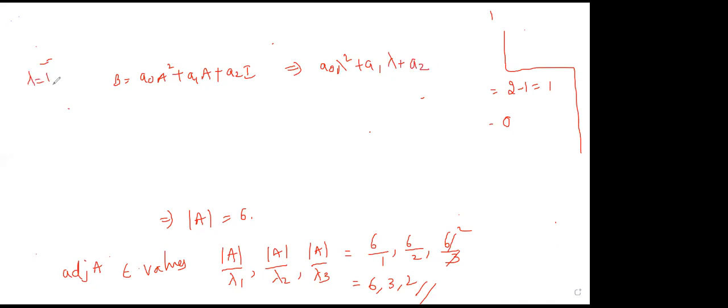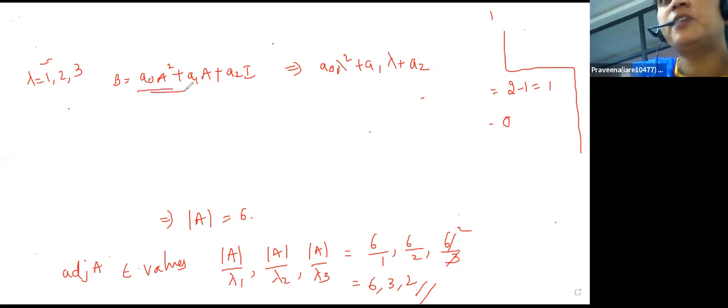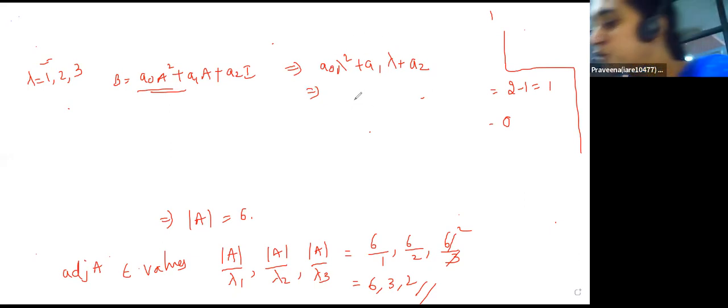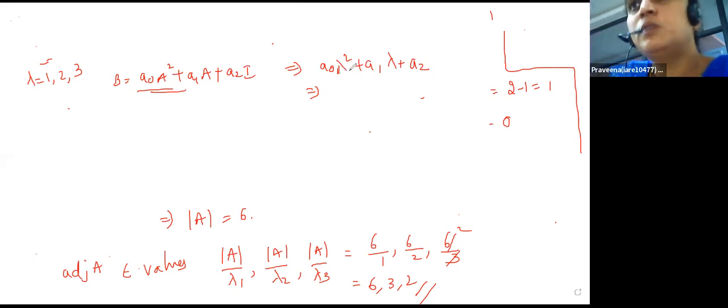The lambda eigenvalues are 1, 2, 3, and to find the eigenvalues of B, substitute each one. For that we get the polynomial form for B. Here we don't know the values a0, a1, a2, we only know the lambda values.